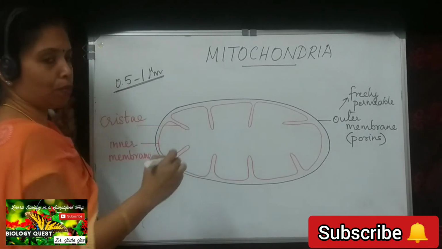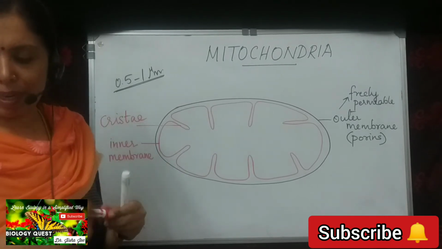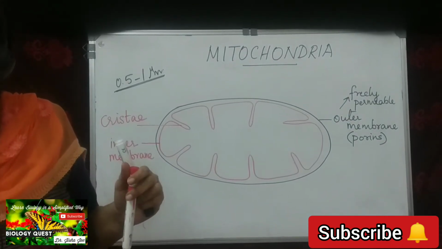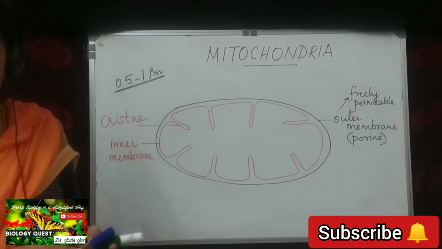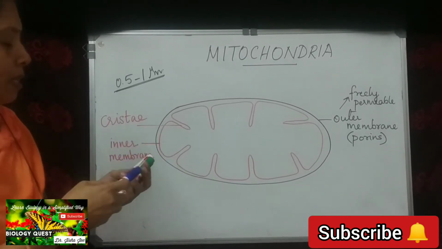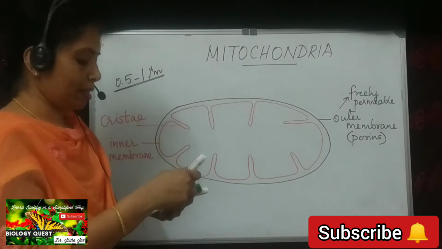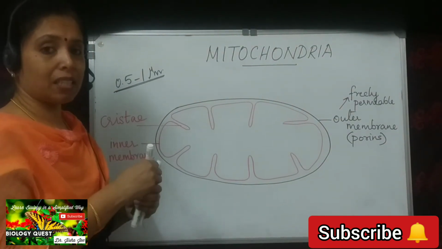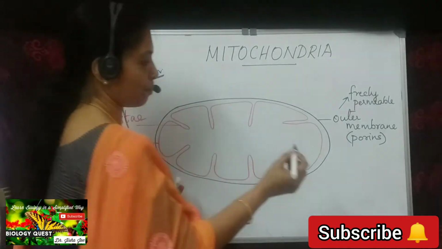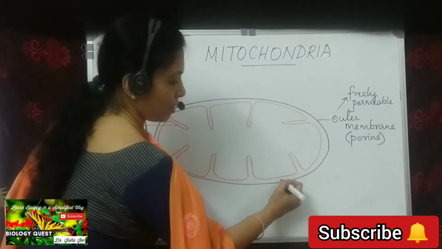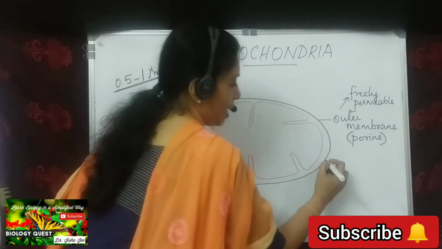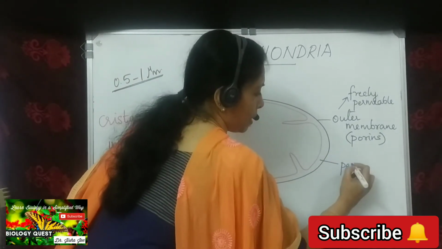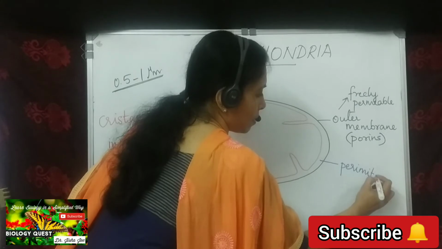So it has two membranes, the outer membrane as well as the inner membrane, and the two membranes are separated by a space which is called the perimitochondrial space, or the intermembrane space. That is the space that you see in between the two membranes.